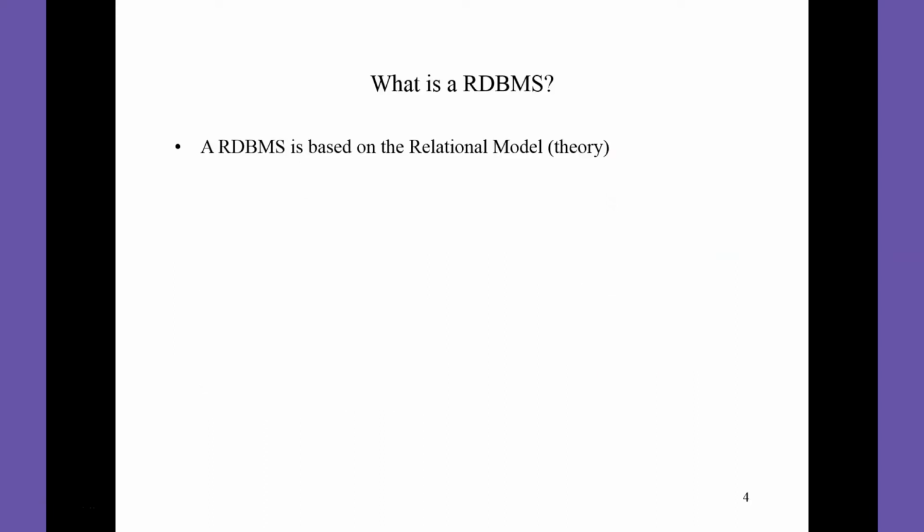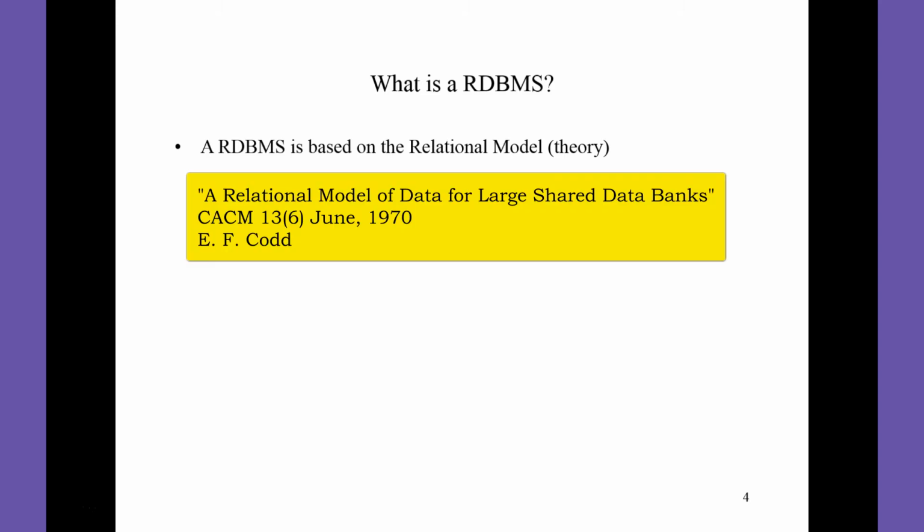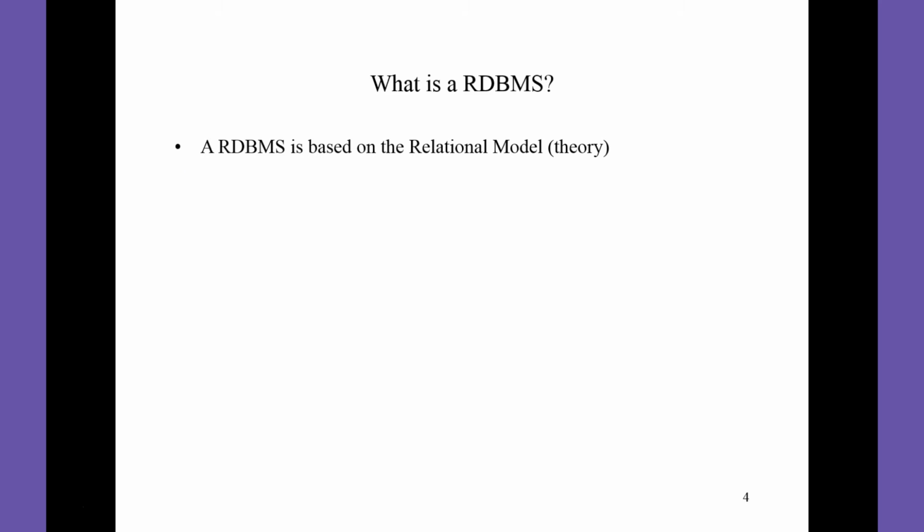So what is a relational database management system? We say that an RDBMS is based upon the relational model. This is the theoretical foundation put forth by an IBM researcher back around 1970 called the relational model.